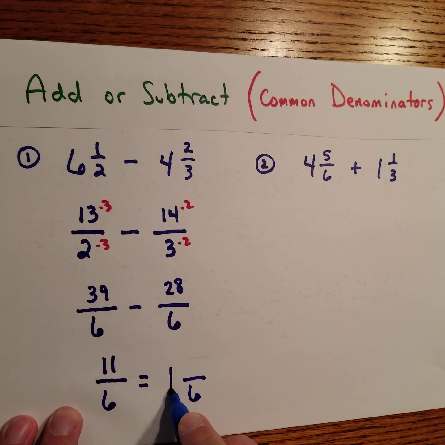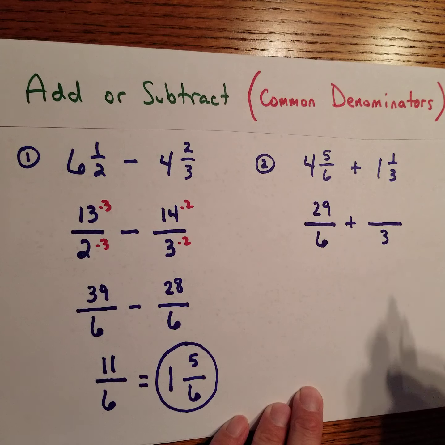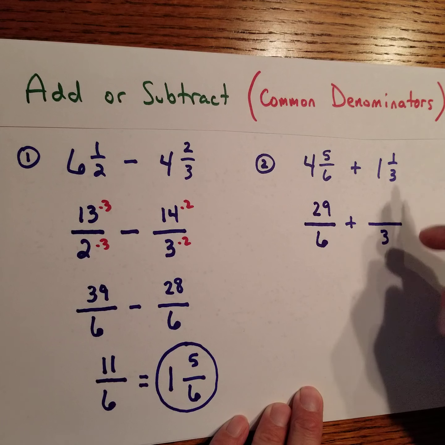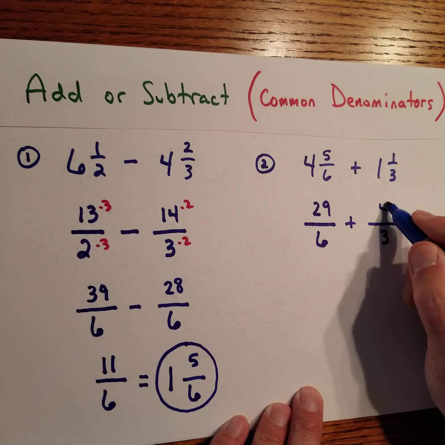Step number 1, change them both into improper fractions. 4 times 6 plus 5. 1 times 3 plus 1. Now common denominators.